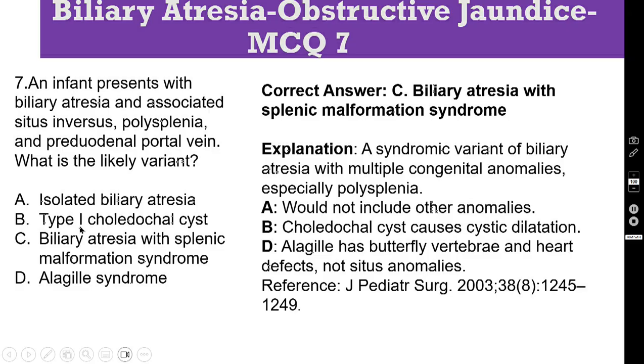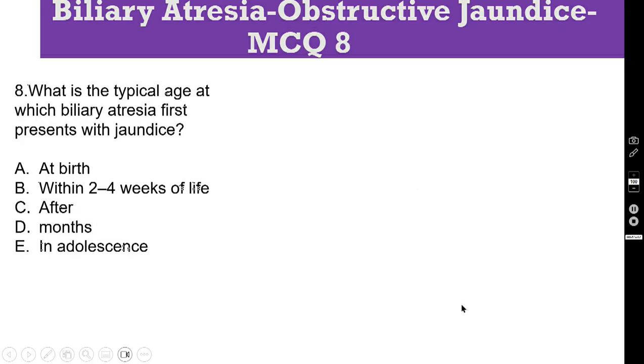B is also incorrect. Type 1 choledochal cyst causes cystic dilatation, not atresia actually. And Alagille syndrome has butterfly-shaped vertebrae and heart defects, and not situs inversus anomaly. So reference: Journal of Pediatric Surgery, this particular edition.